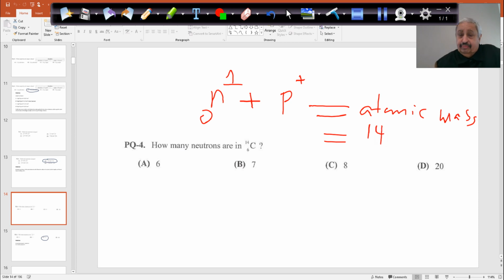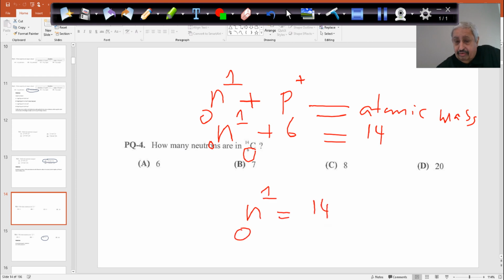This one is neutrons, we don't know, plus 6, the number of protons, the atomic number. So the neutrons here will be 14 minus 6. This is the atomic mass of that isotope, which is the least abundant carbon isotope, and this is the atomic number or number of protons.